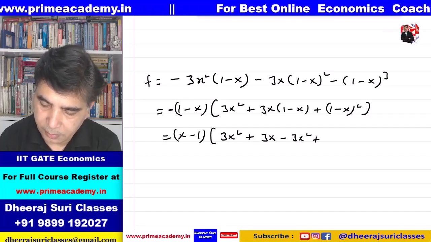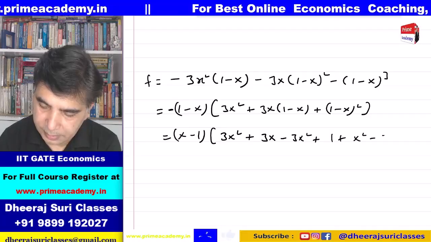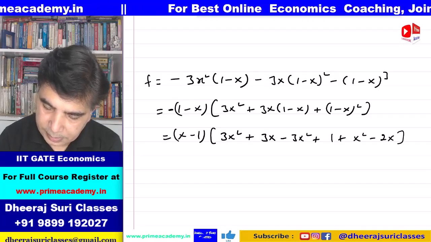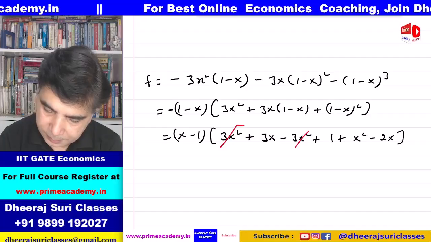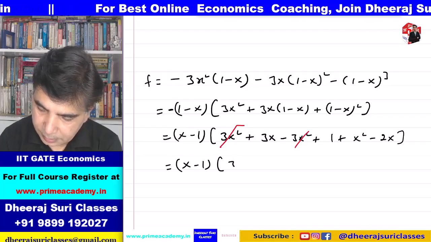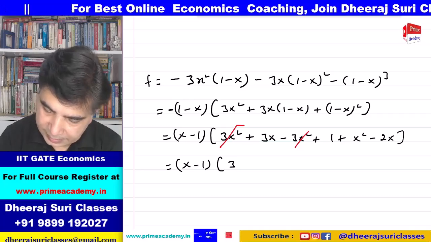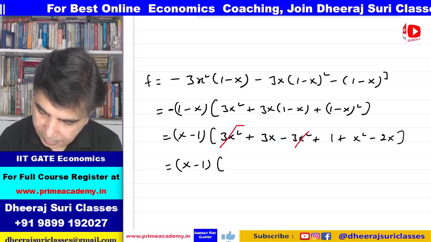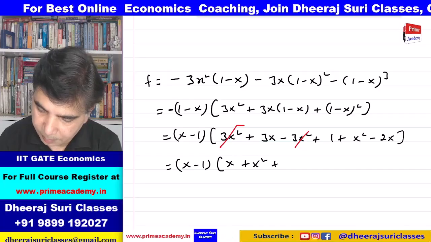And when you open this bracket, you get 1 plus x square minus 2x. So the 3x square and 3x square cancel. I am left with (x minus 1) times (3x minus 2x, which is x, plus x square plus 1).